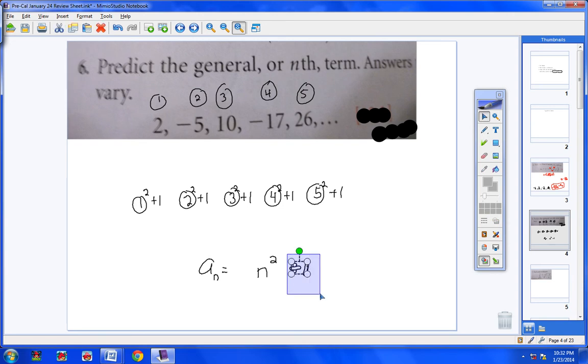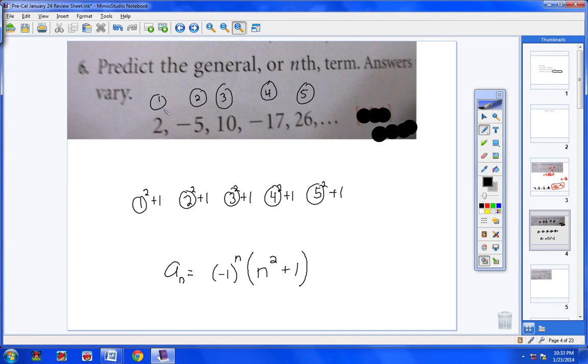So there, I've almost written my nth term. The only thing left for me to worry about is the negative sign. And remember, we've talked about this before. Whenever you have alternating signs, positive, negative, or negative, positive, you have to put something out front. It's either going to be -1 to the n or -1 to the n minus 1. Well, let's try -1 to the n.